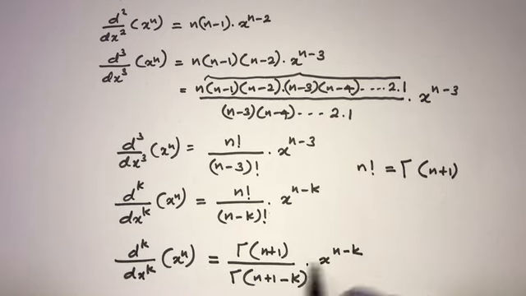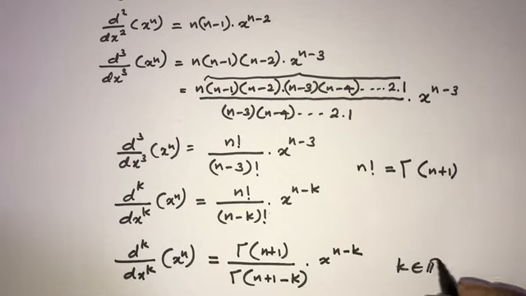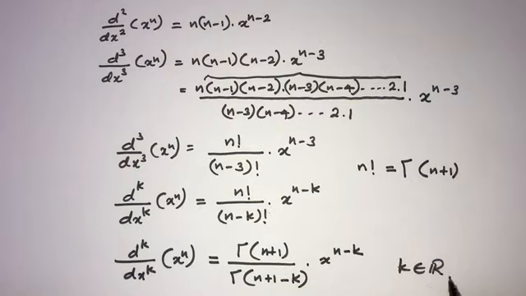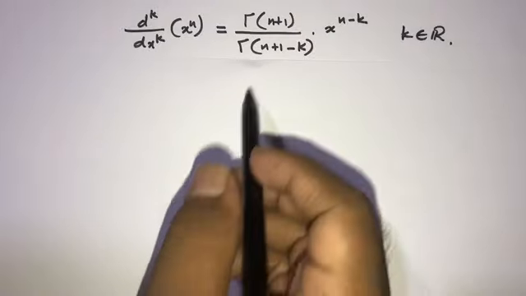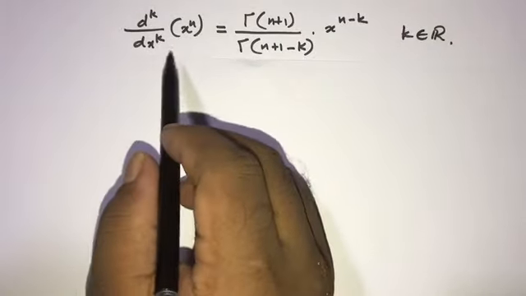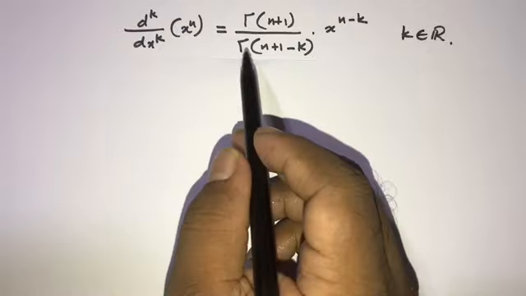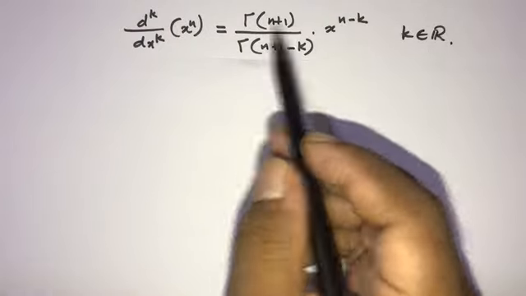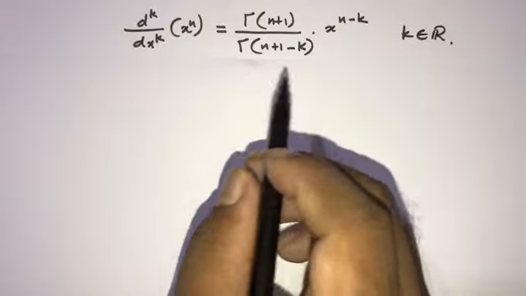Here in this formula k can be any real number. This is the general formula for the kth derivative of x to the nth power, and k can be any real number. So get an idea.